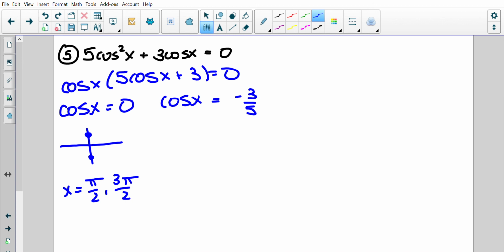But cosine x equals negative 3/5 is a little tougher because, again, we don't recognize the ratio of 3/5 as either coming from our 45-45-90 triangle or our 30-60-90 triangle. So we first take care of the negative by determining what quadrants we're in. Cosine is going to be negative in quad 2 and 3.